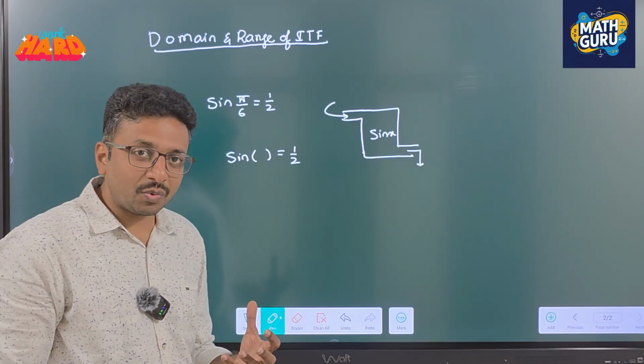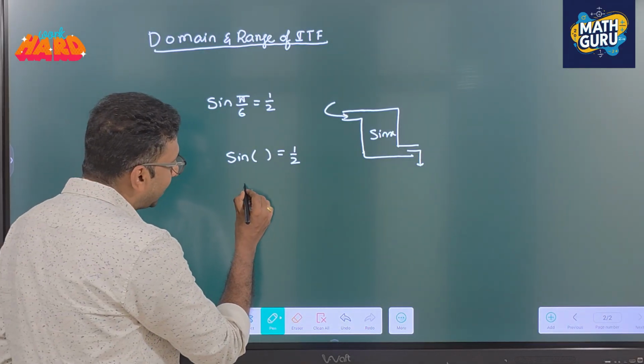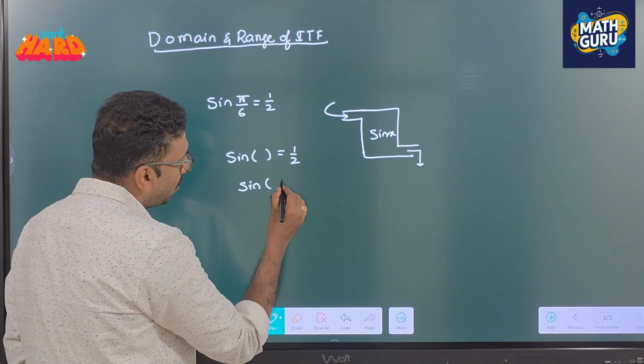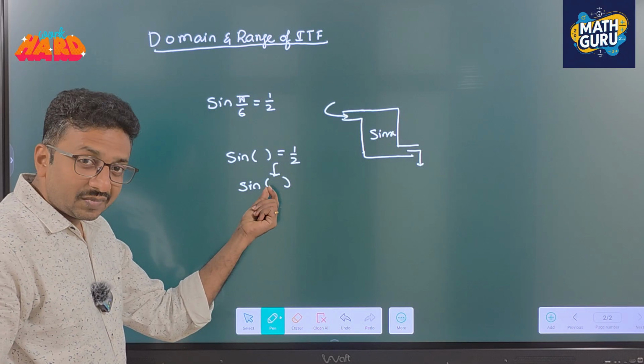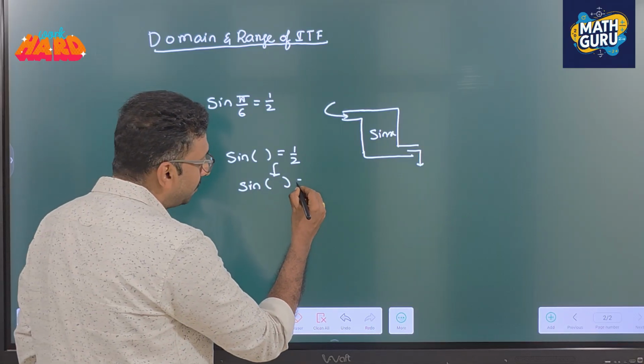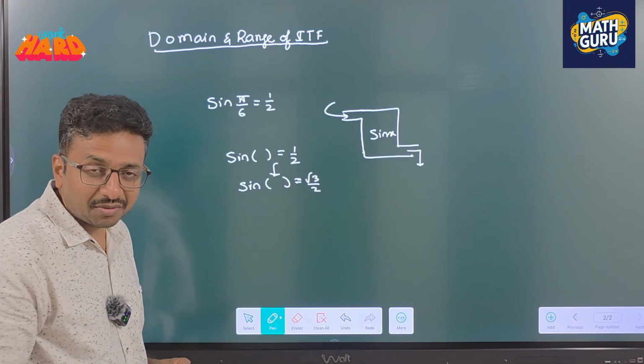If I ask you this question, your answer will be obviously pi by 6. What is the angle that should go inside the sine function to give you the answer of root 3 by 2? If I ask you this question.